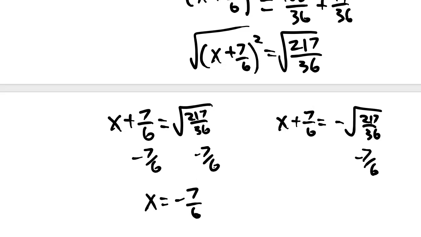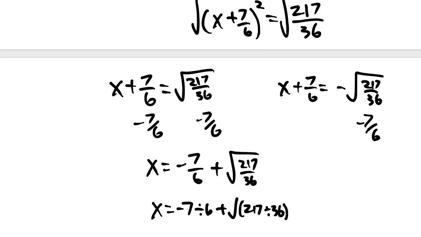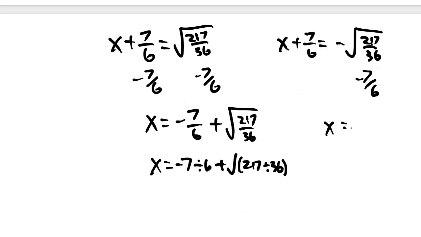Standard form is to put the minus 7 over 6 in front, even though it's subtracting. That also helps if you plug it into the calculator: x equals negative 7 divided by 6 plus the root, probably still need a parenthesis, of 217 over 36. It works because you don't have anything afterwards. Boom. Or x equals negative 7 over 6 minus the root of 217 over 36.